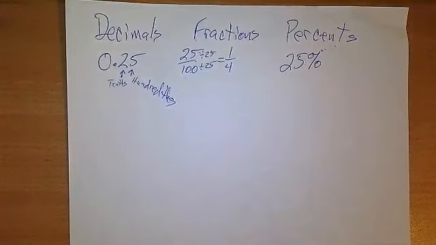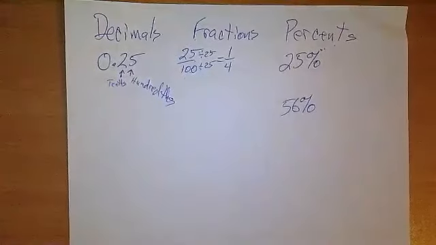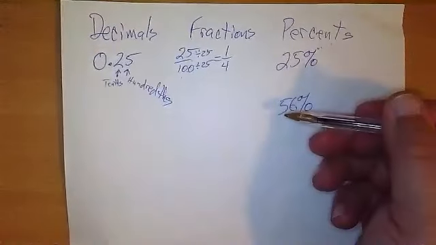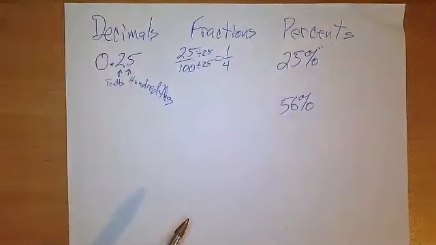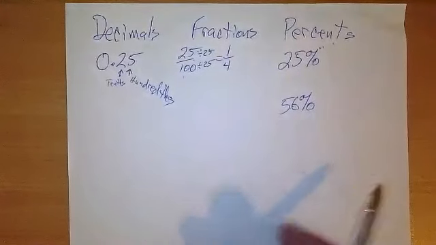Okay. Now, let's do 56%. Now I want to go back this way and see if we can calculate what the other two are going to be. So I'm going to give you a few seconds to look at that and see if you remember how that works, so that you can use what I write here as basically checking the answers for you.